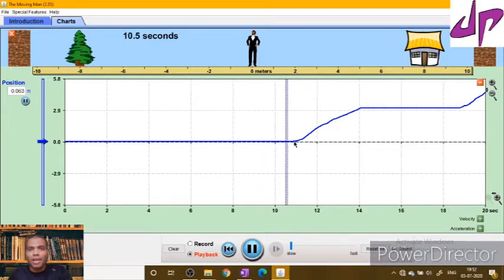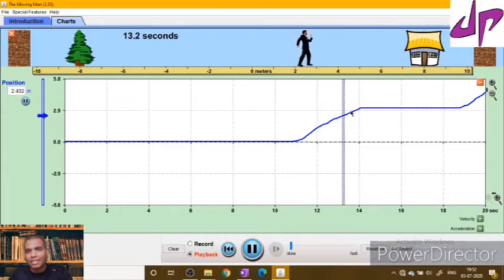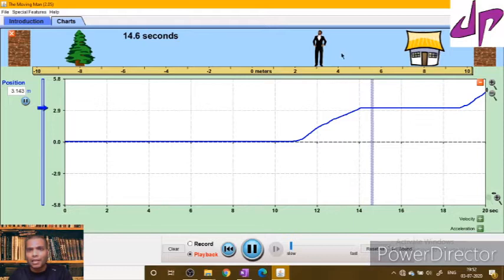Now after 11 seconds, the person started to move forward, so that's why the distance-time graph is increasing. And after 14 seconds, again he stopped. After reaching 3.14 meter, again he stopped. When he stopped, we need to represent that as a straight line.